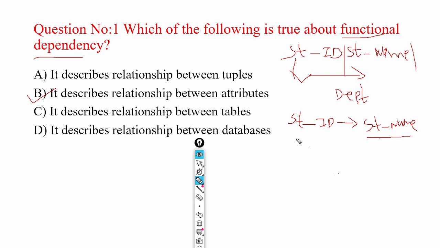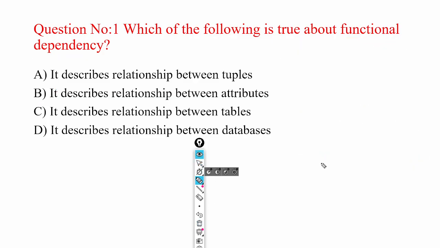This concept is mainly used in normal forms. We have 5 normal forms. Mainly it is useful in 2NF, 3NF and BCNF. Without functional dependency analysis, the database may contain repeated unnecessary data.